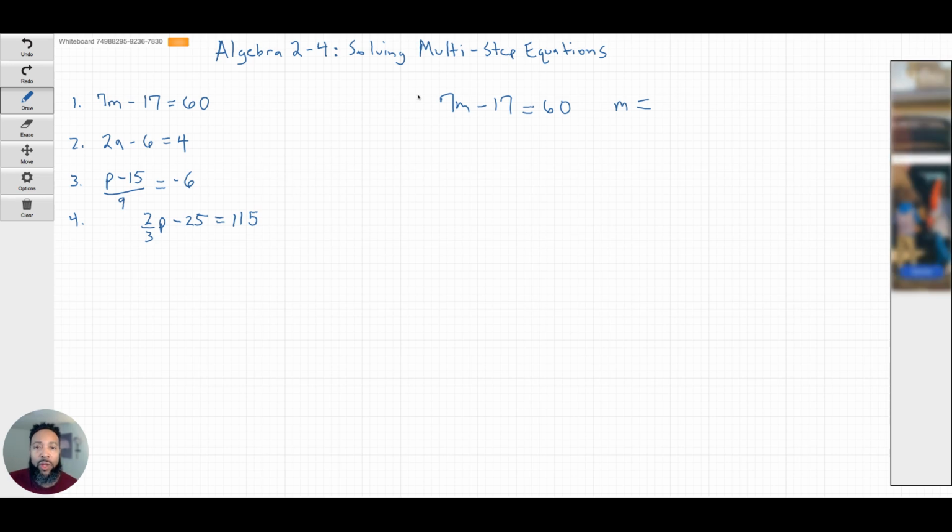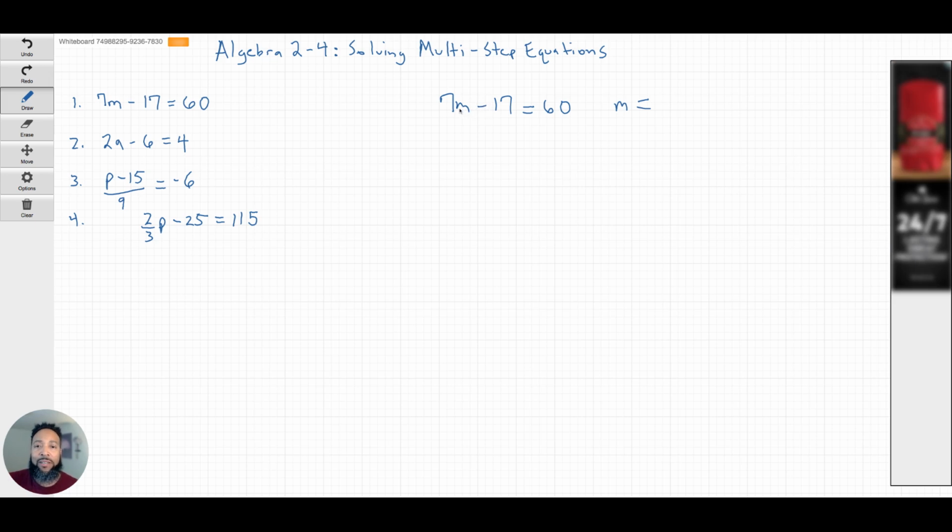When solving this equation, we see that 7 is multiplied by m, and then we have minus 17 on this side. Usually, anything that's attached to the variable, you want to deal with that last. Everything that's away from the variable, you deal with that first.